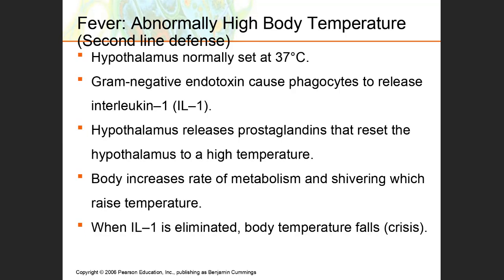There are many, many different chemical mediators in the immune system. And that causes the hypothalamus to release prostaglandins, which then starts your body raising its temperature. And so what happens is an increase in aerobic cell respiration, so an increase in metabolism. How does that generate heat? By increasing aerobic cell respiration.